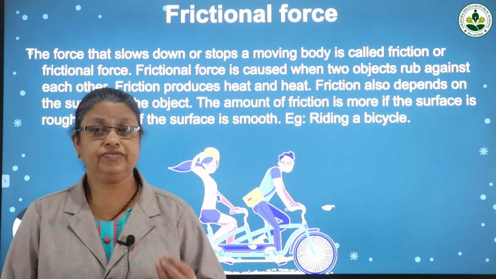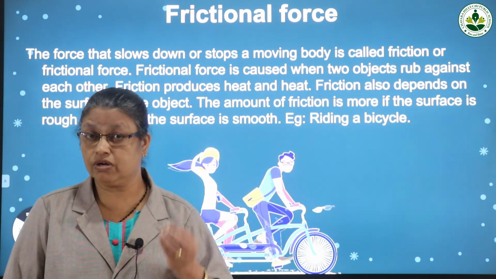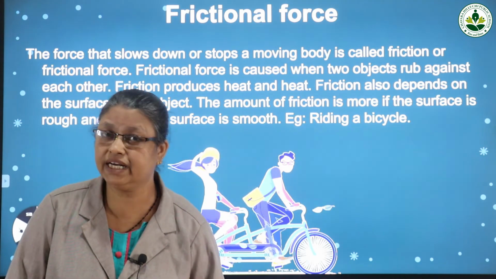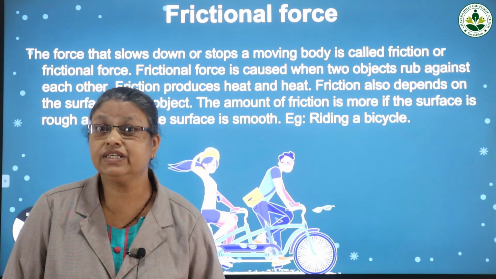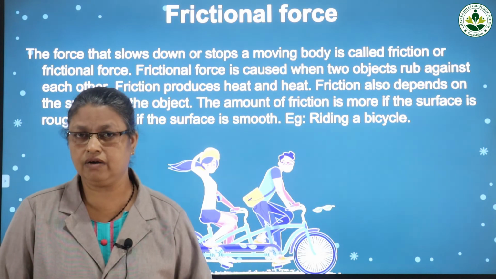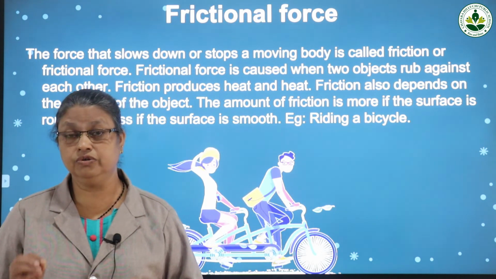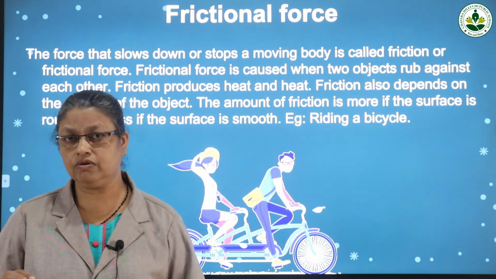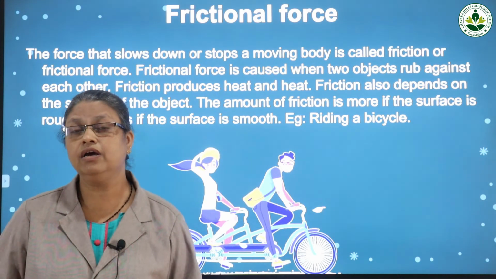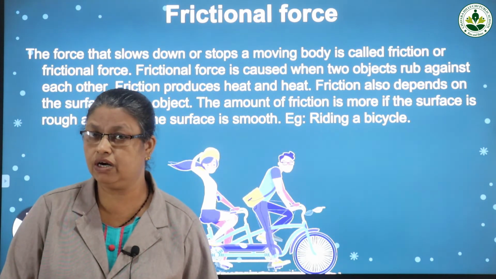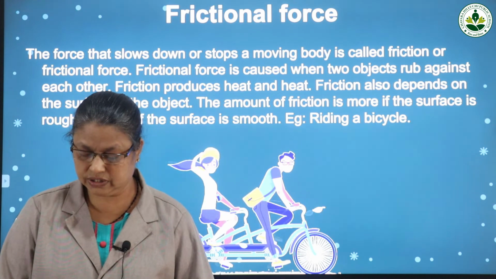The force that slows down or stops a moving object is called a frictional force. What is frictional force? The force used to slow down or stop a moving object is called a frictional force.